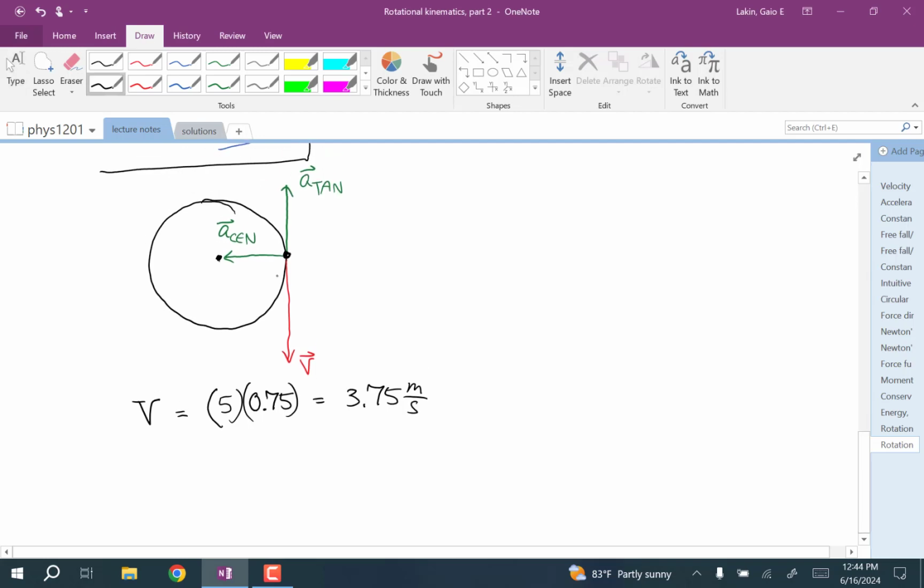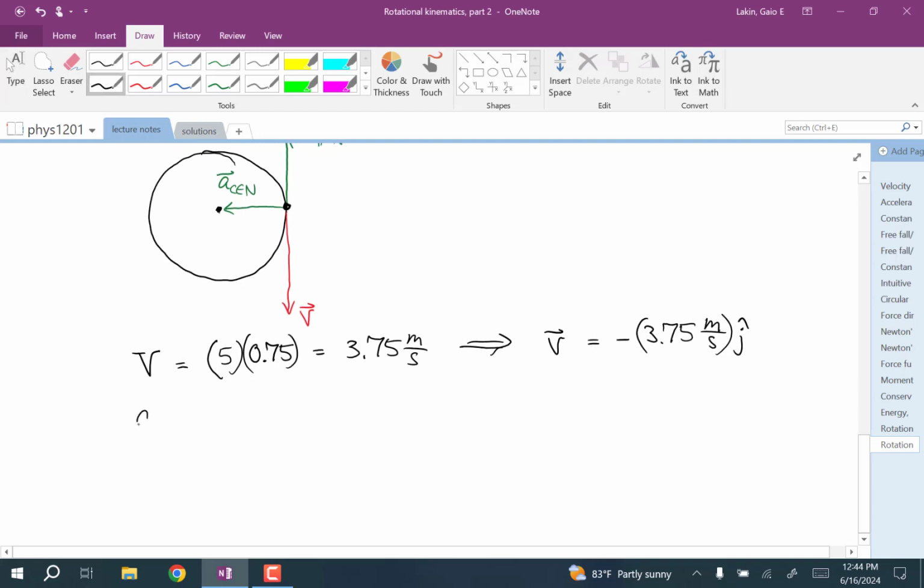Well, from our drawing, we've already figured out that V is in the negative y direction. So I'm going to write this as the velocity vector is equal to negative 3.75 meters per second j. The negative says it's in the negative j direction.